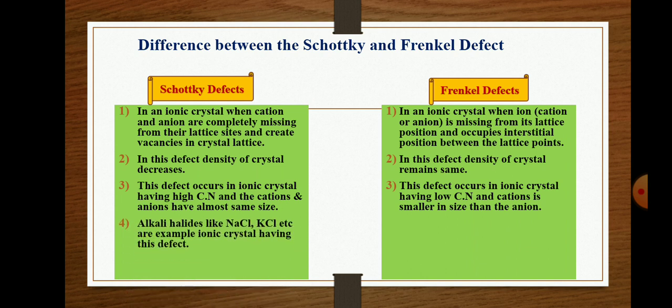Last difference, in Schottky defects, alkali halides like NaCl, KCl, etc. are the examples of ionic crystals where this defect is observed. And Frenkel defects are observed in silver halides, zinc sulfides, which are examples of ionic crystals having this defect. So you have to remember this difference between Schottky and Frenkel defect.